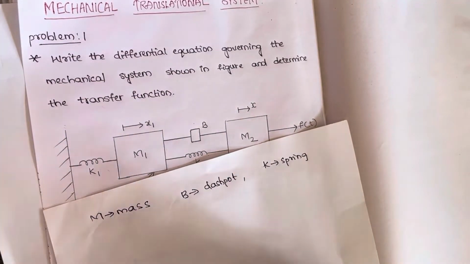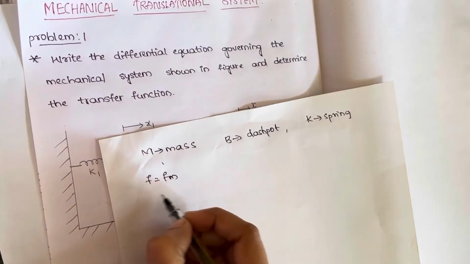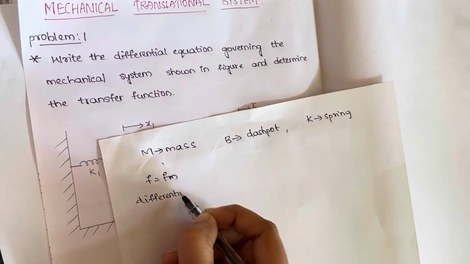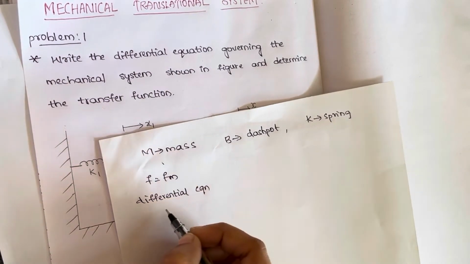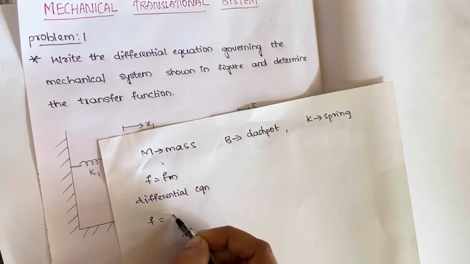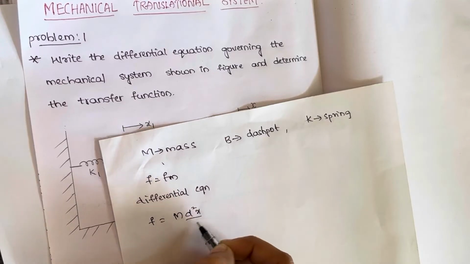For mass, the differential equation form is F equals m into d square x by dt square.